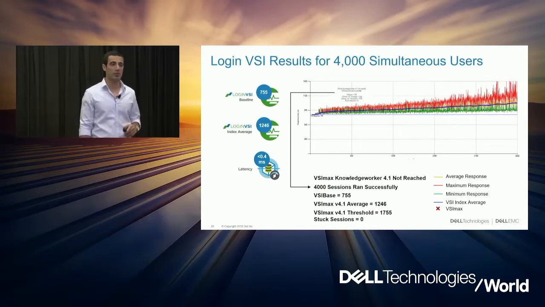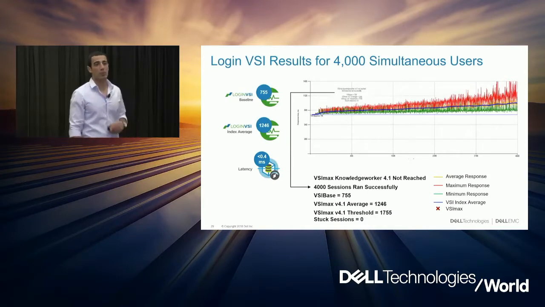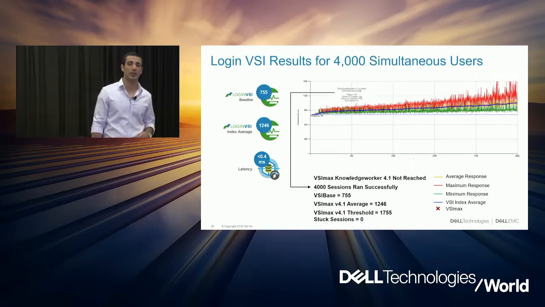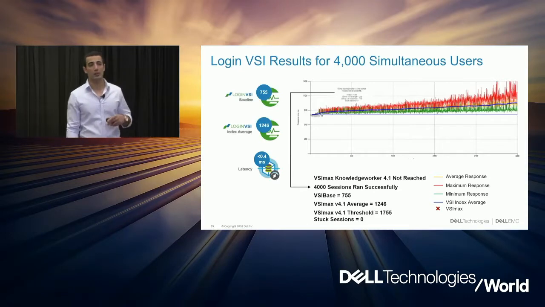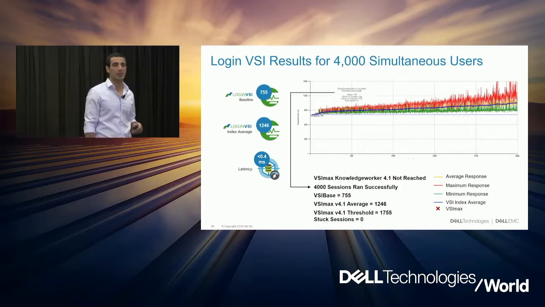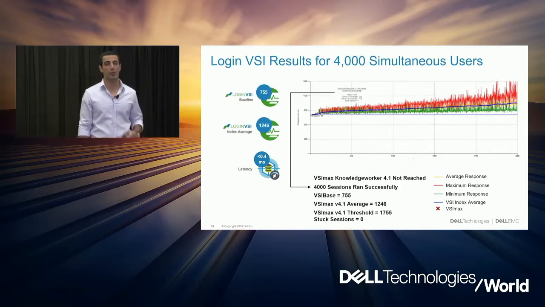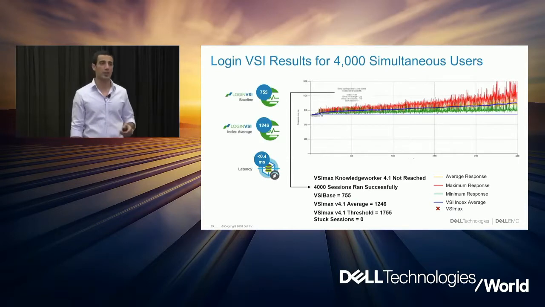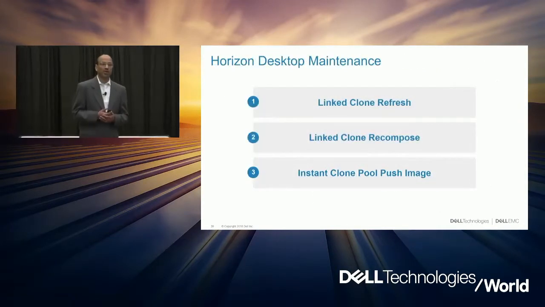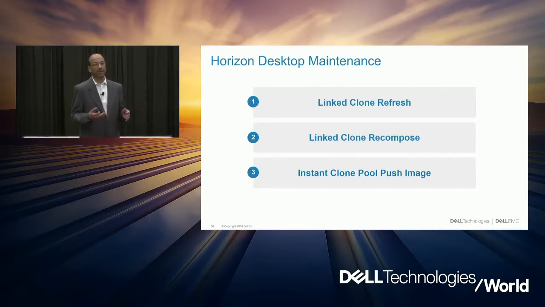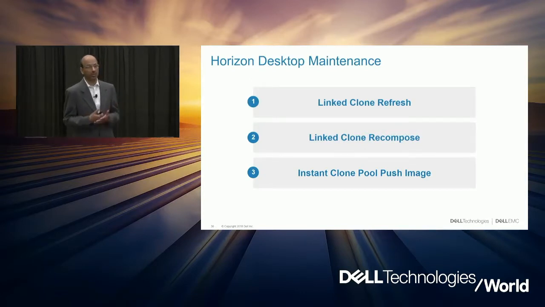As we saw before, the latency during all the tests was below 0.4 millisecond, and this allows you to enjoy a consistent and predictable performance and response time for your end users and applications, no matter what scale, what application, what operating system. So far, we have discussed desktop provisioning and desktop production use.